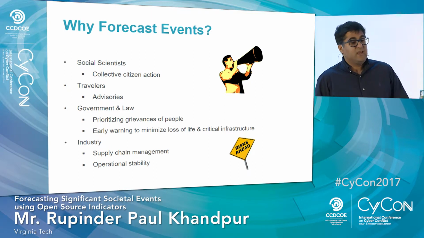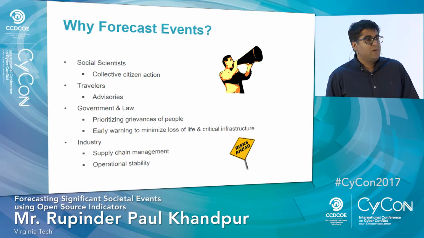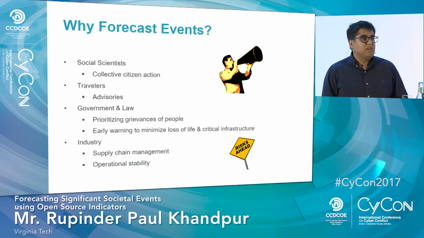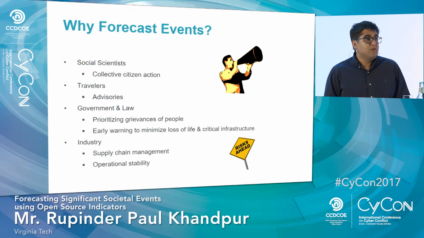And then the second and the third key motivations would be that cater to the government and the law enforcement, where these technologies provide them with an early warning system, right? And where protection of the citizens, safeguarding critical infrastructure is paramount.